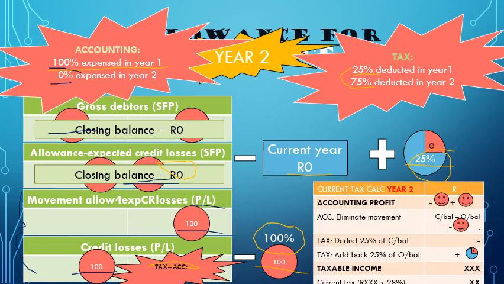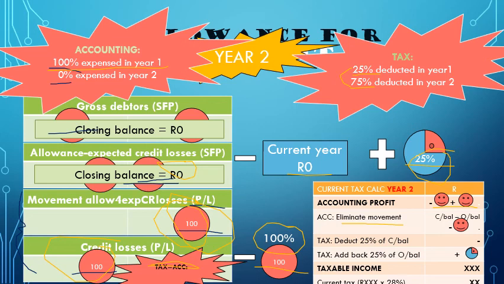If we look at our current tax calc, we'll see that in our accounting profit now, we have an expense as well as an income. So we have a minus and a plus in our accounting profit, so the net effect is 0. So first of all, what we do is for our allowance for expected credit losses, we eliminate the movement. So we had this income here.